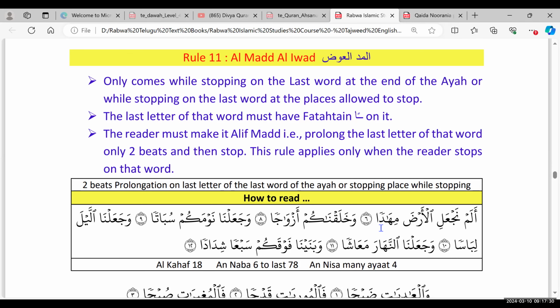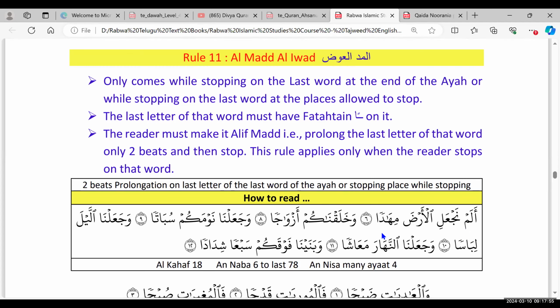There is no question of ya mad or waw mad here, only alif mad. If it has kasratain, Madal Iwad is not applied. If it has dammatain, Madal Iwad is not applied, only fathatain. You have to convert this fathatain into the alif mad, then stop. Is it clear?